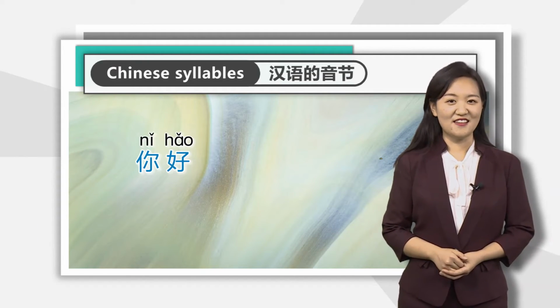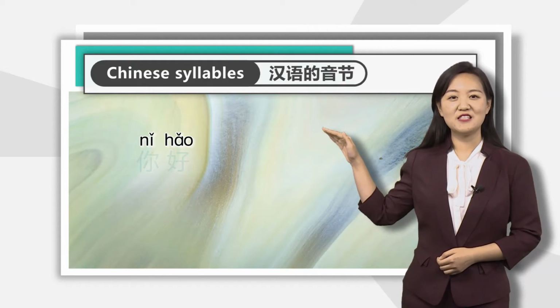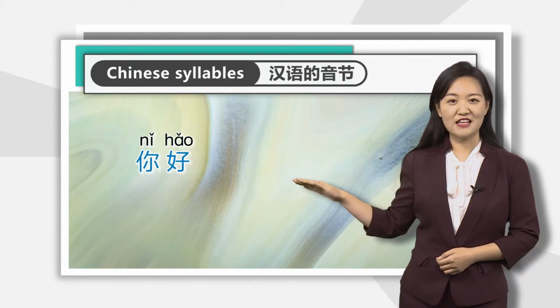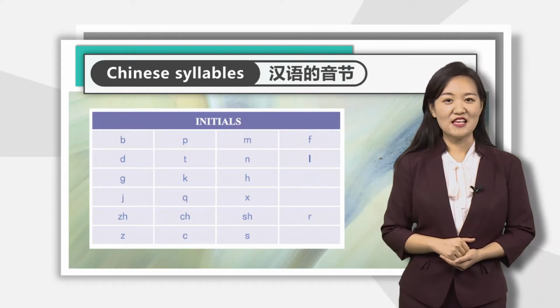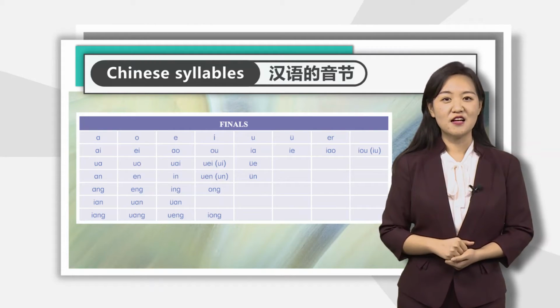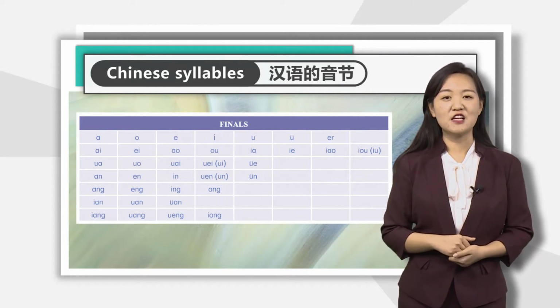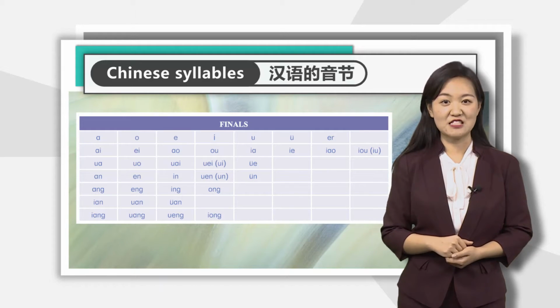As you can see, the upper part is Pinyin and the lower part is character. The Pinyin system is a romanized representation of pronunciation of Mandarin. It's a tool designed for people to learn the correct pronunciation of characters and to look up unknown characters in a dictionary.